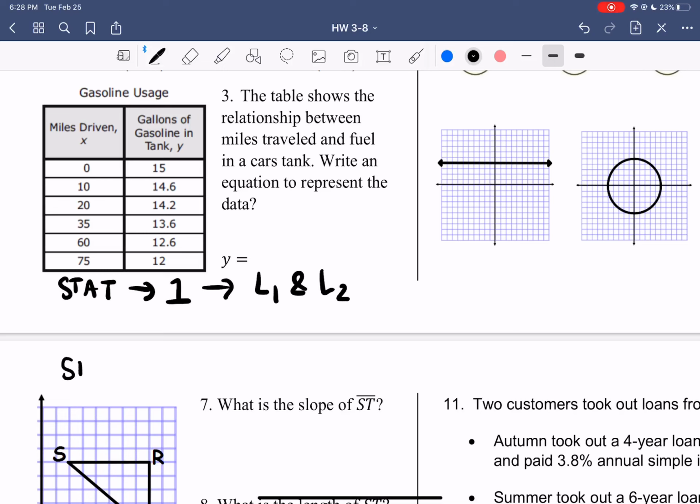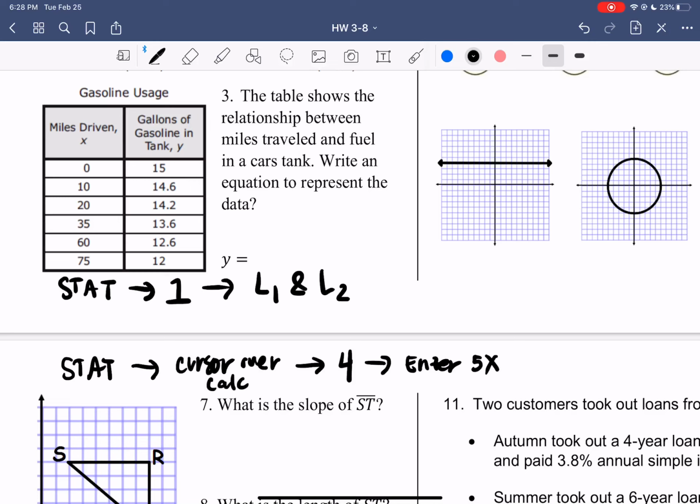Then you'll push stat, and cursor over to calc, and from there you'll push number 4, and then you'll push enter 5 times. And that will give you this answer here.